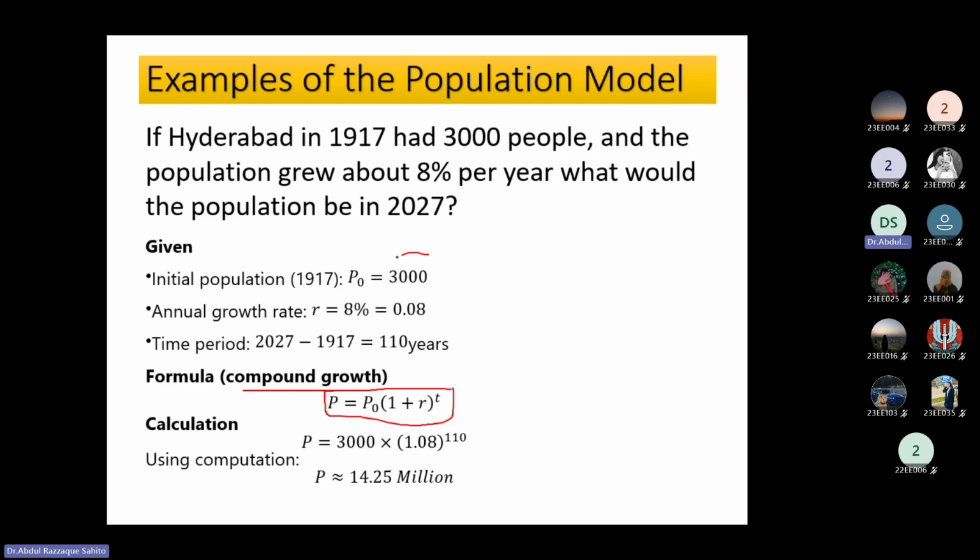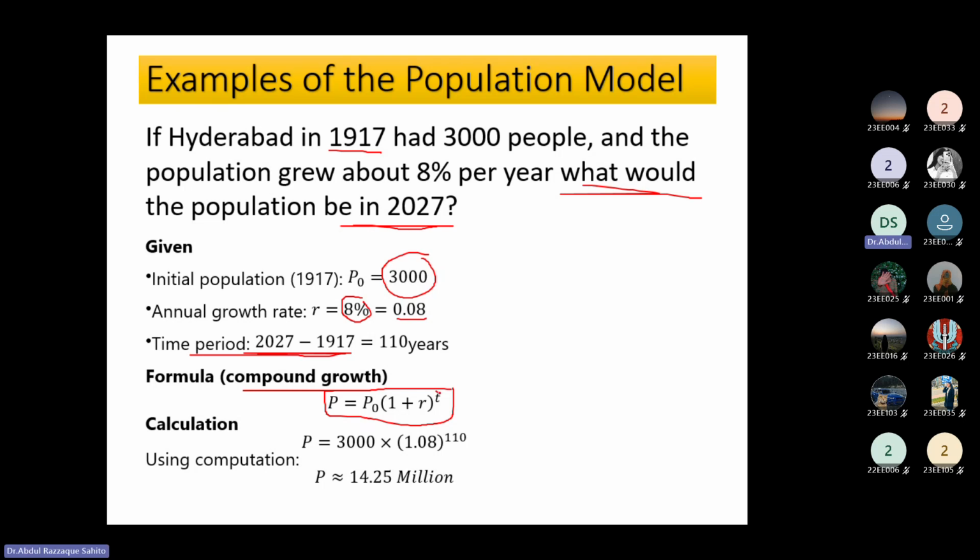If the initial population was 3,000 and the annual growth rate is 8%, if we convert the 8% into a fraction, that will be 0.08. As per the numerical, what will be the population in 2027? The initial year is 1917, so the difference between the years is 110. So we consider time as 110 years.